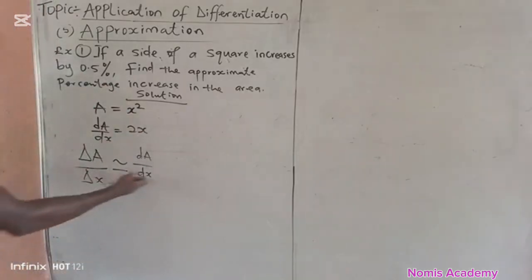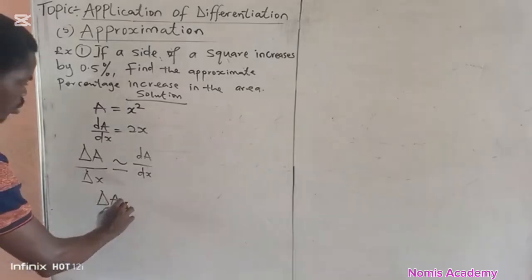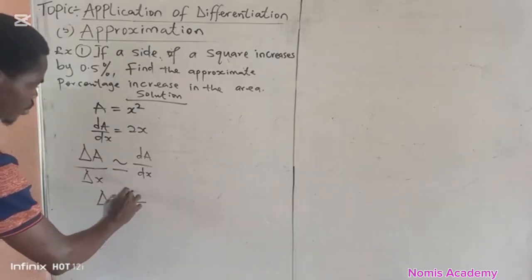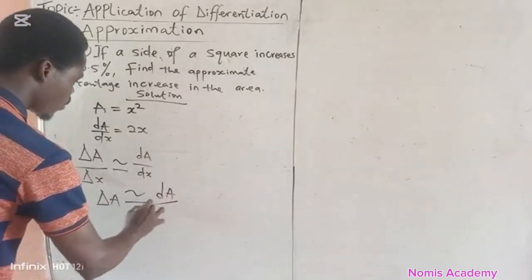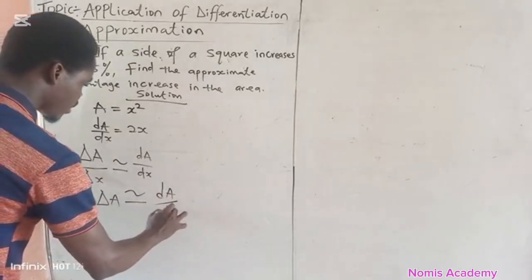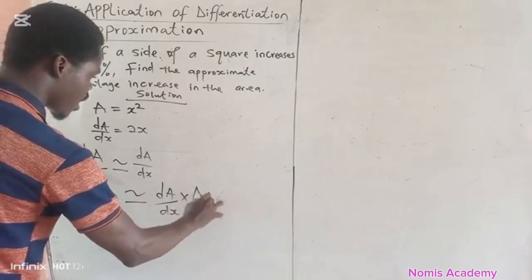Now we can cross multiply, and delta A is approximately equal to dA over dx multiplied by delta x.